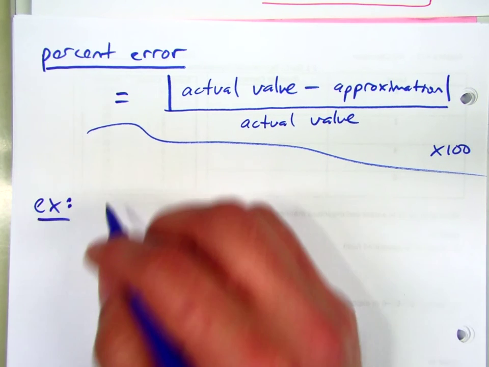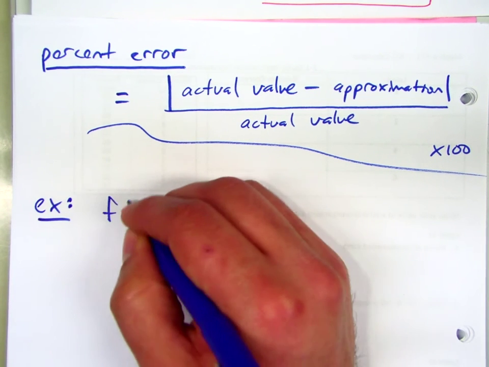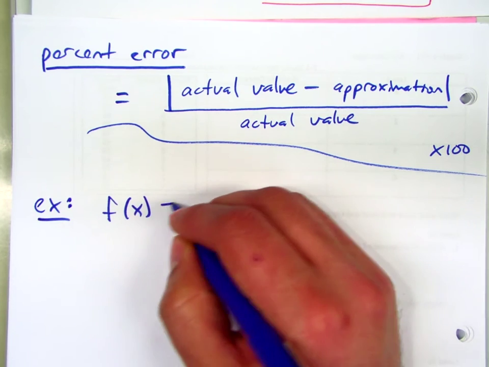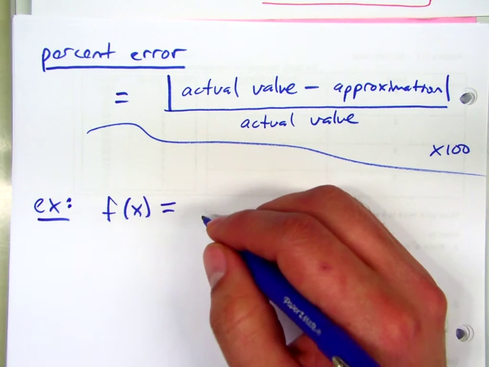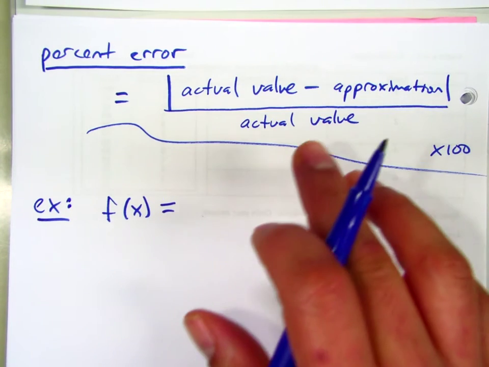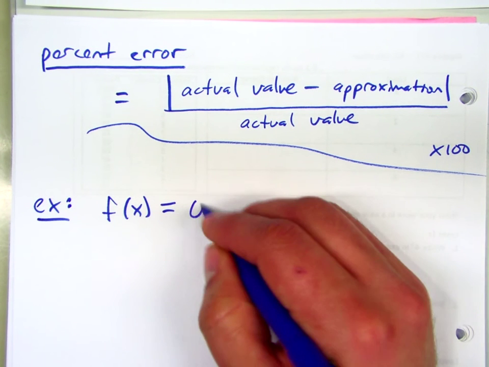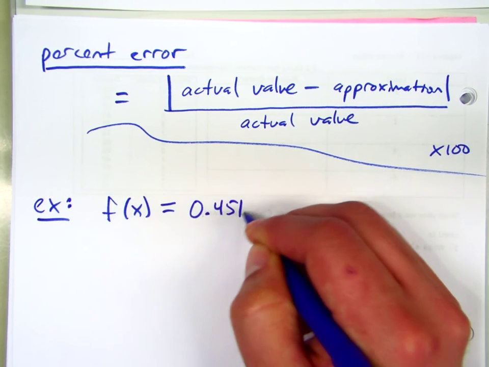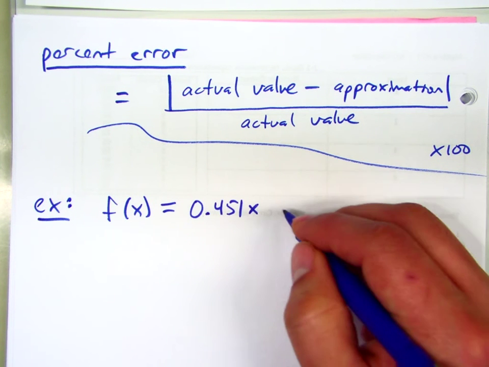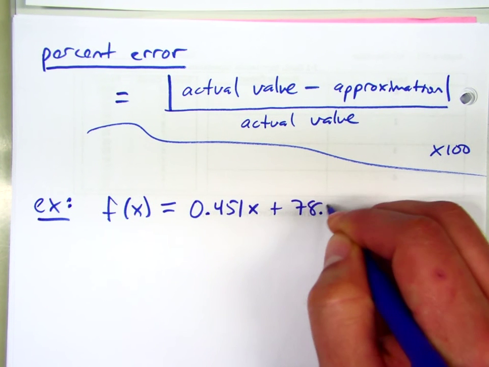Okay, so let's say that f of x equals 0.451x plus 78.152.